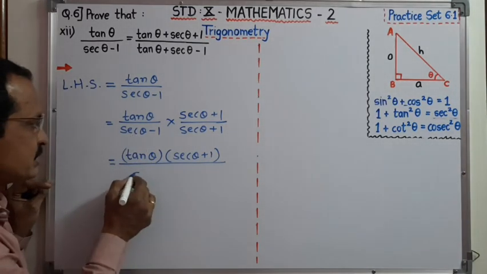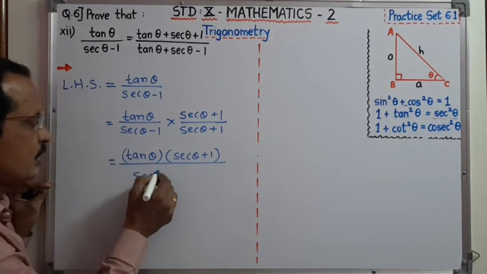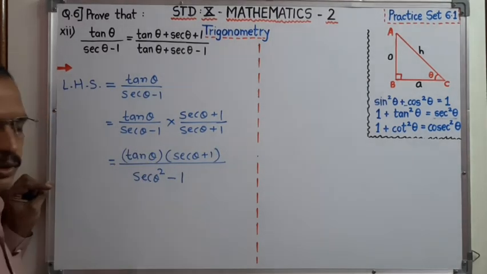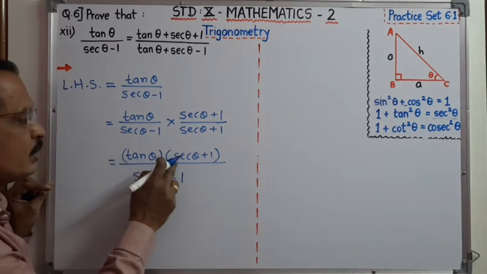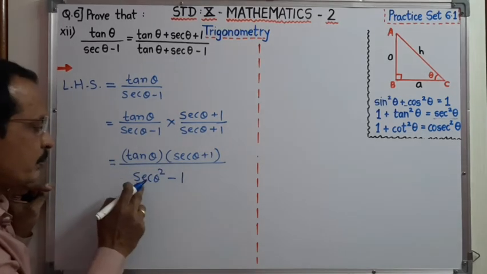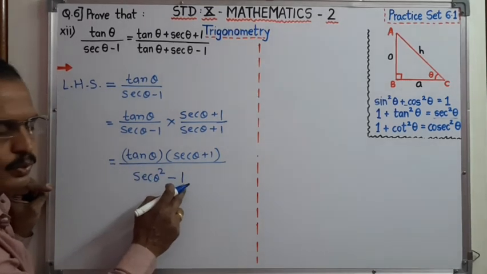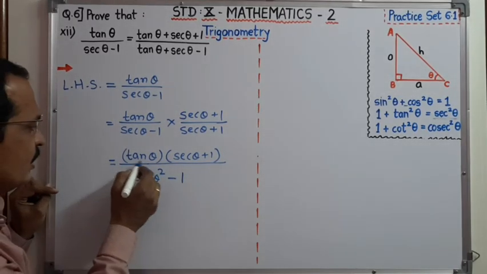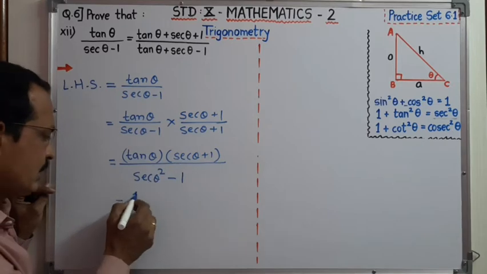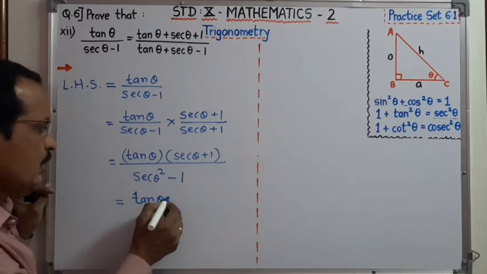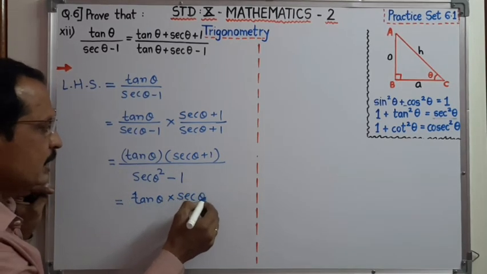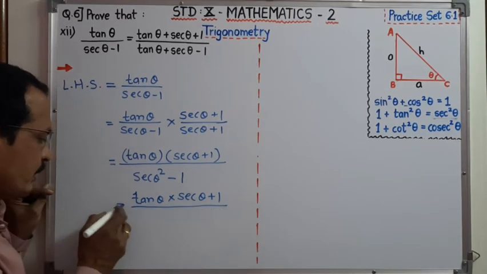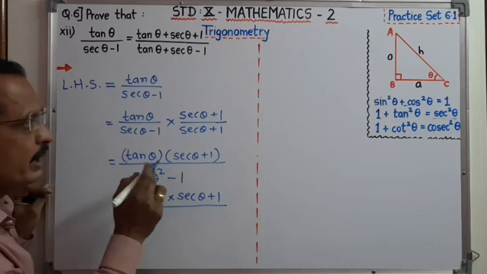Therefore, a square means here it is sec square theta minus square of 1 is 1. Got it? That means tan theta into sec theta plus 1 divided by sec square theta minus 1.